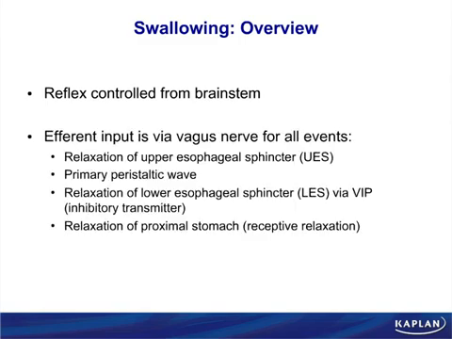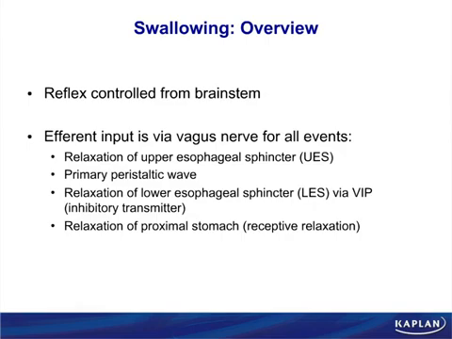Now, the efferent for this is from the vagus for all these things. Whether the efferent, as the vagus, is happening directly with acetylcholine, more constriction, more secretion, or whether it involves the upper esophageal sphincter, primary peristaltic wave, or relaxation of the lower esophageal sphincter, it's essentially all vagally mediated.